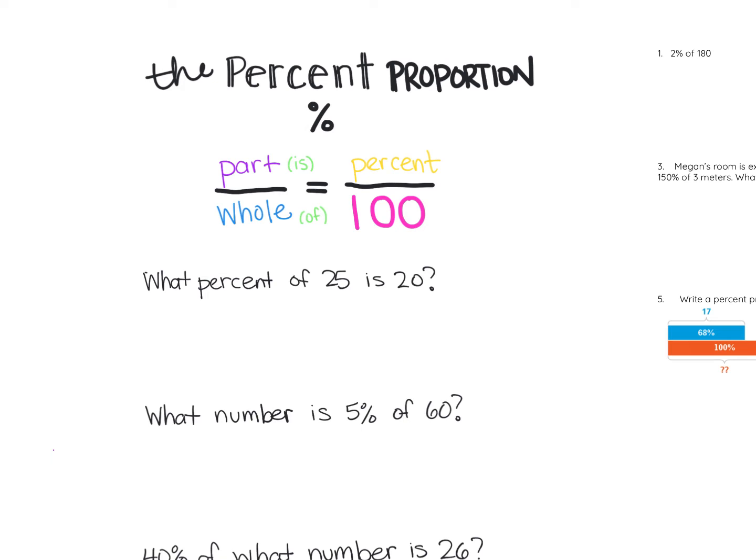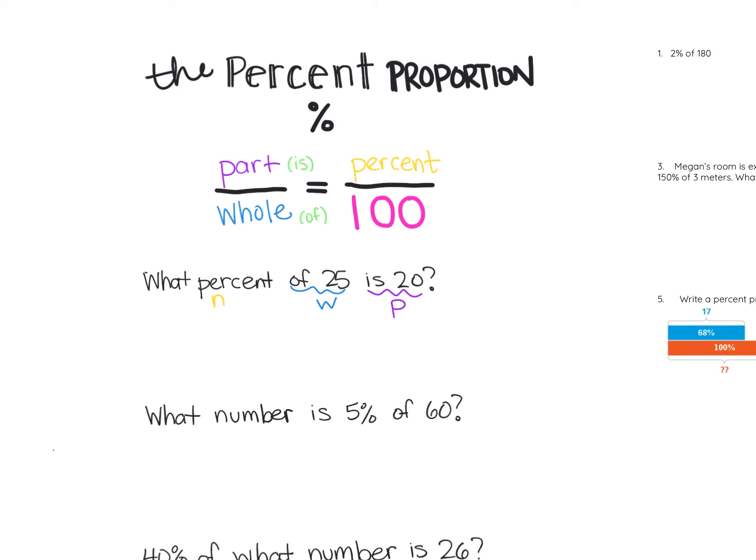So the first one, what percent of 25 is 20? My percent is what I'm looking for. My whole is going to be 25, and my part is going to be 20.